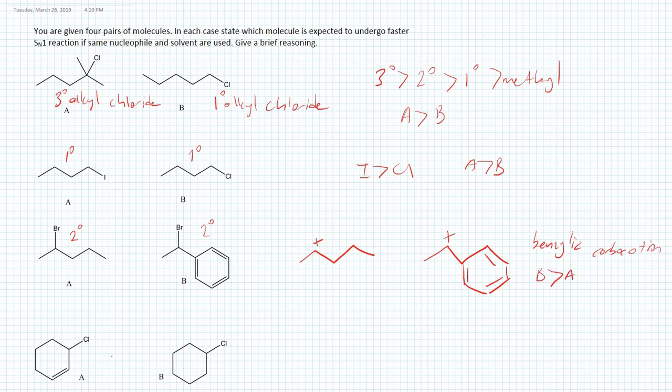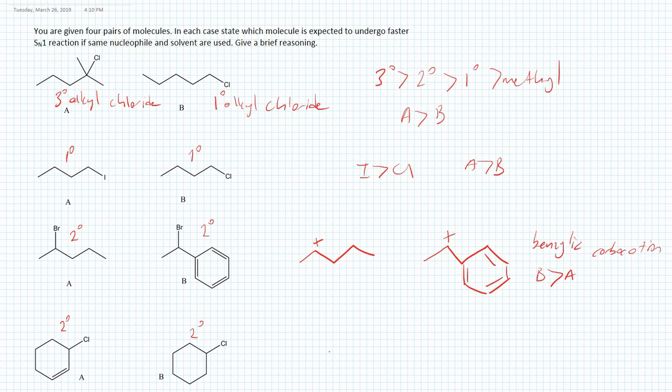Let's look at the last pair. In the last pair we have 2 alkyl chlorides. Let's write here, this is a secondary alkyl chloride. This is also a secondary chloride. So basically in terms of substrate structure, they are similar.